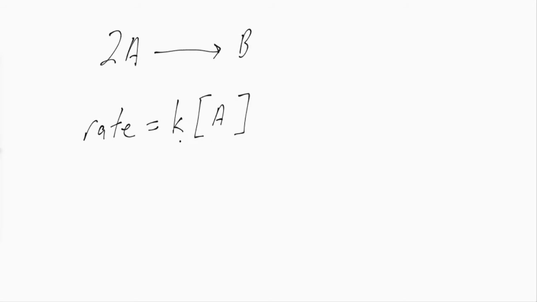So for a specific reaction, this is always different. It's only good for a specific reaction, in this case, 2 moles of A react to form a mole of B at a specific temperature.